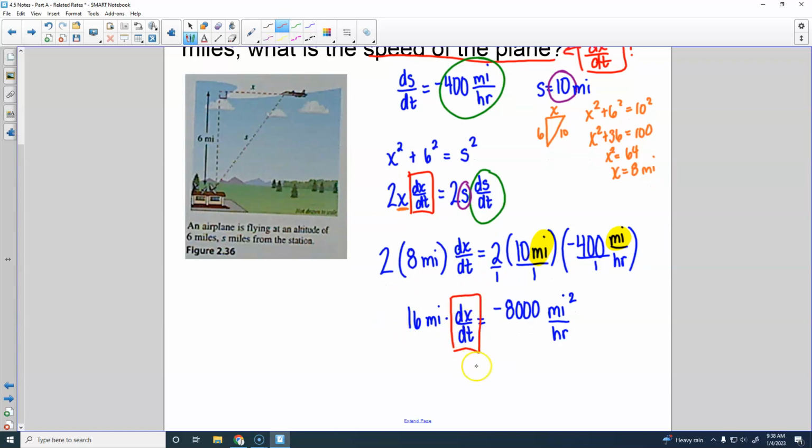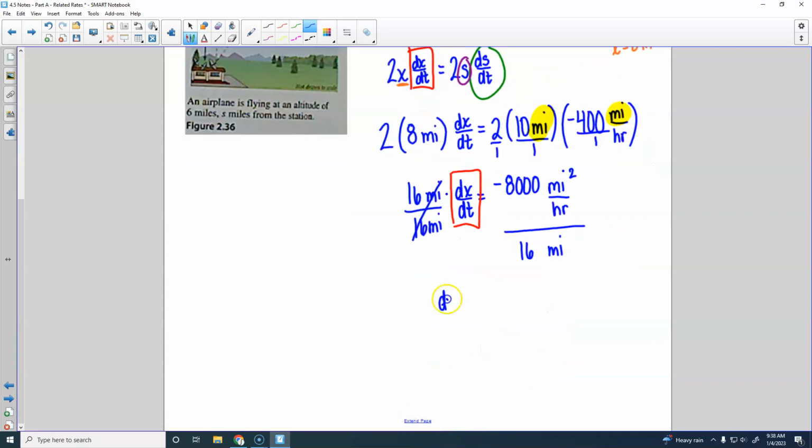We are solving for dx/dt, which means that we need to divide both sides by that 16 miles. So dx/dt is going to equal your 8,000 divided by 16, 500. So we got negative 500.